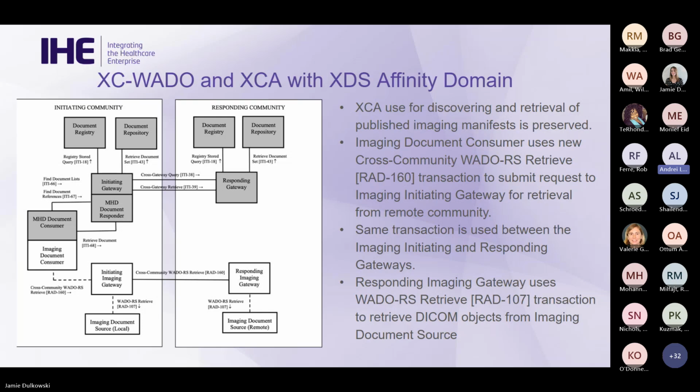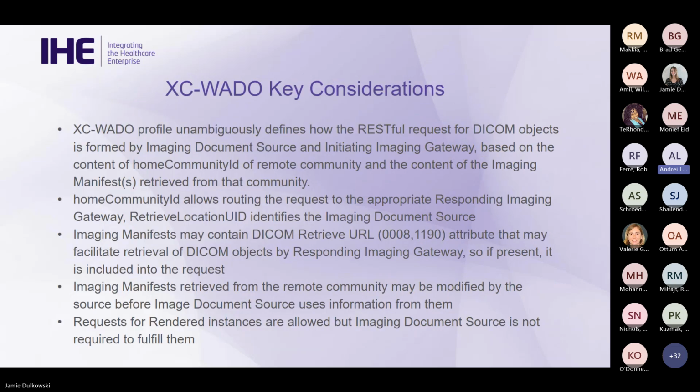And similarly, responding imaging gateway may communicate with imaging document source in its community by some other means rather than WADO RS retrieve transaction. So from this perspective, there is an option on both gateways which explicitly prescribes how to handle these defined transactions. Otherwise, you can simply group the actors and allow them to communicate in the undefined way. Next slide.